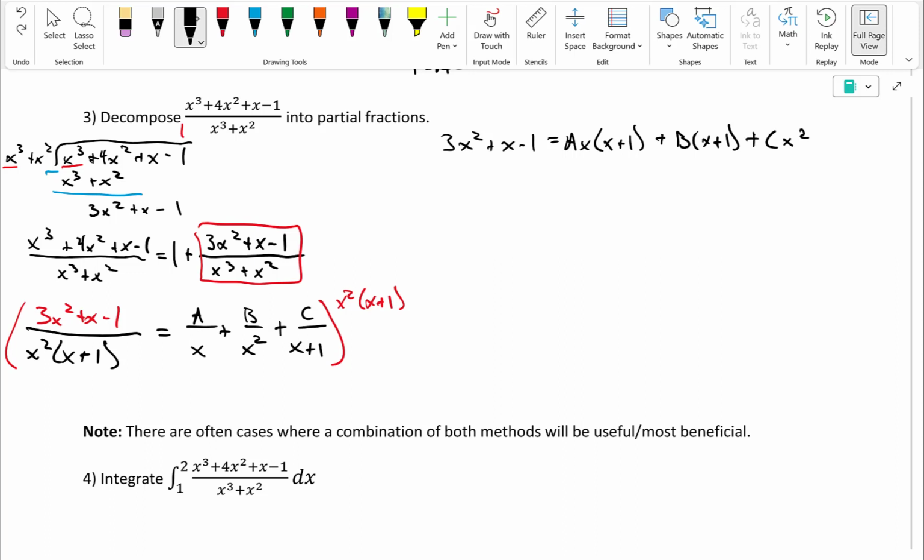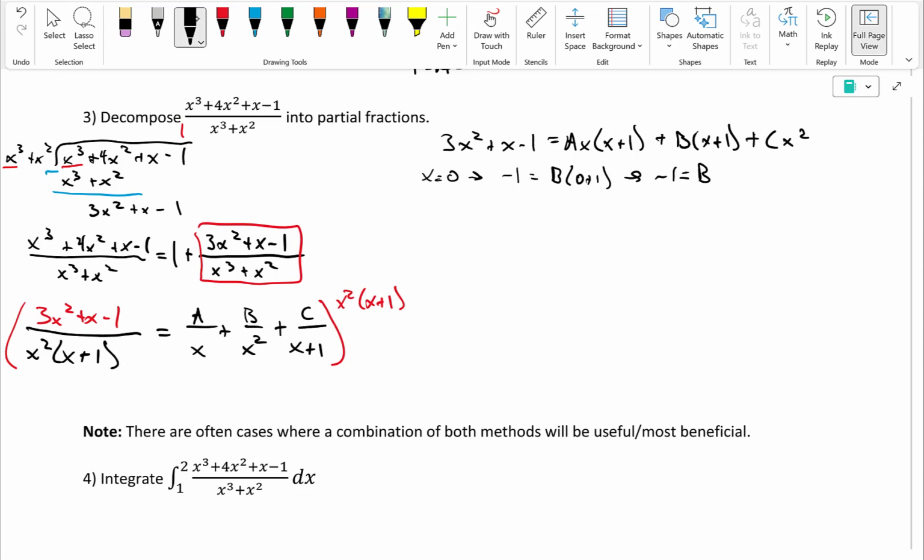All right, and then if we sub in those zeros, if x equals 0, for the left-hand side now, those two terms that have the x go to 0, so we're left just with the minus 1. On the right-hand side, the ax term multiplied by 0 is gone, the cx squared is gone, so we get a b times 0 plus 1, or 1, which gives us negative 1 for b.